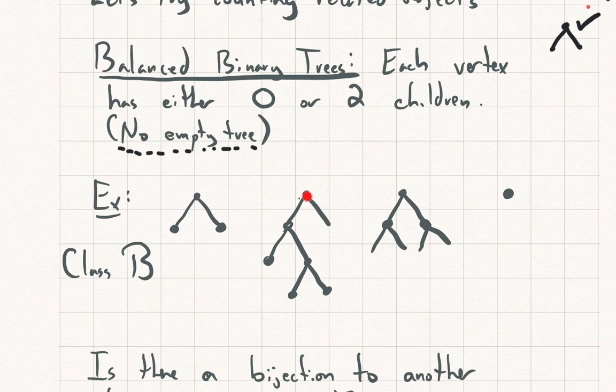So this has 2, this has 0, this has 2, 0, 2, 0, 0. So it's all either 2 children or no children. And you can check. Same with these guys. And we want to have just the root here as well. But we don't want the empty tree. For this, we don't want to count the empty tree, and you'll see why.